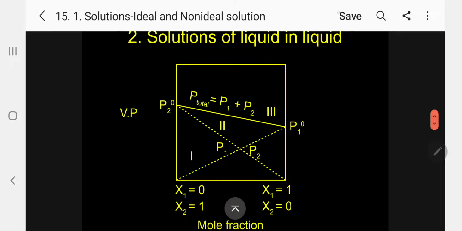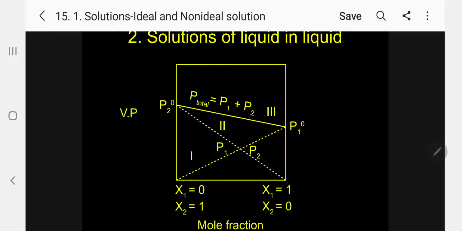Kindly follow here. Just look here. On the left side we have P1 0, on the right side P2 0. That is the partial pressure of the corresponding component 1, and P2 the partial pressure of the corresponding other liquid.